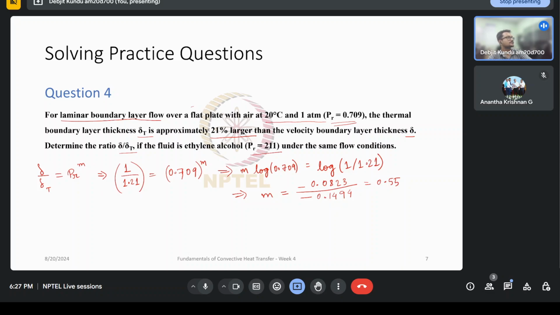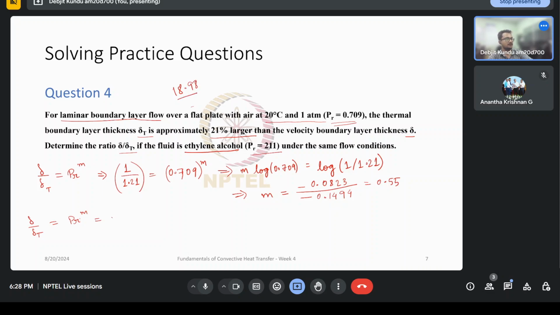Now we have to use this value of m to find out the new delta over delta T for the second case of ethylene alcohol or ethanol. So in this case, I have Prandtl number 211. We'll use the same formula, Prandtl number to the power m. Okay, so they're telling me the answer is 18.98.